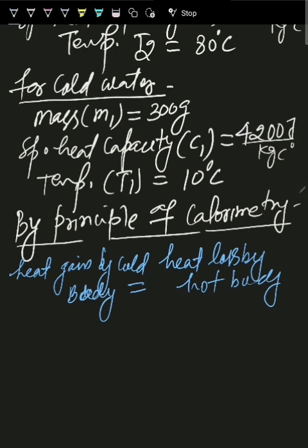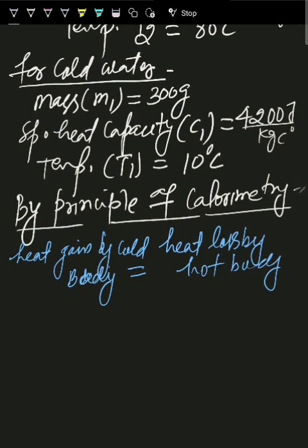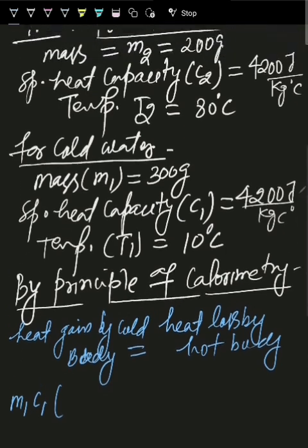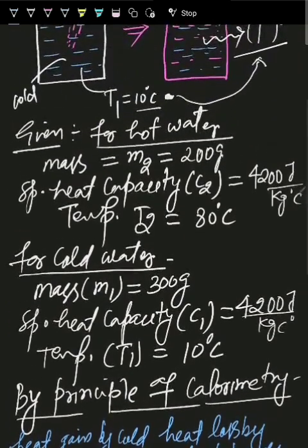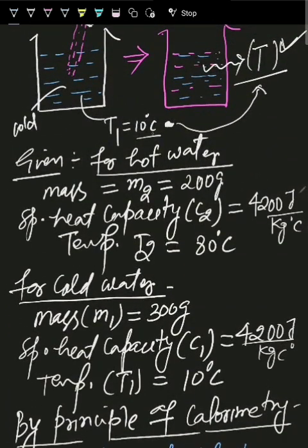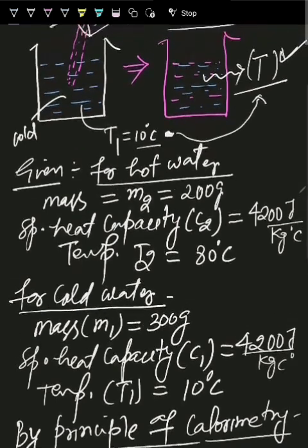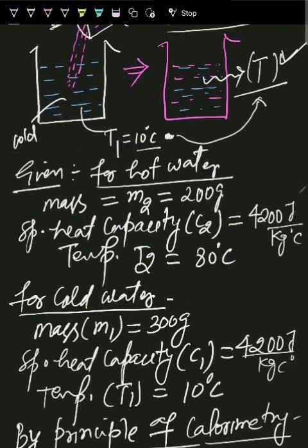So heat gain by cold body, that one is our cold water. What is the expression for this, I am writing. For the cold body I am writing m1c1 times the change in temperature for the cold body. What is the change in temperature for the cold body? T minus T1. Change in temperature we should always write as higher temperature minus lower temperature.